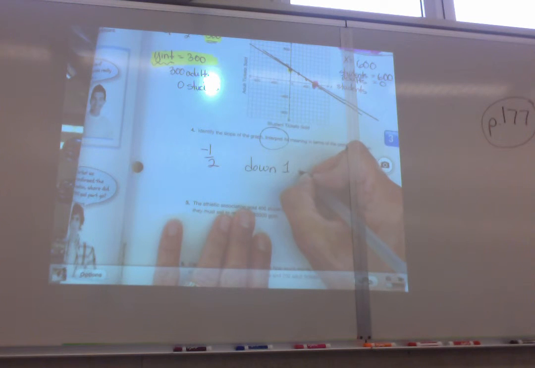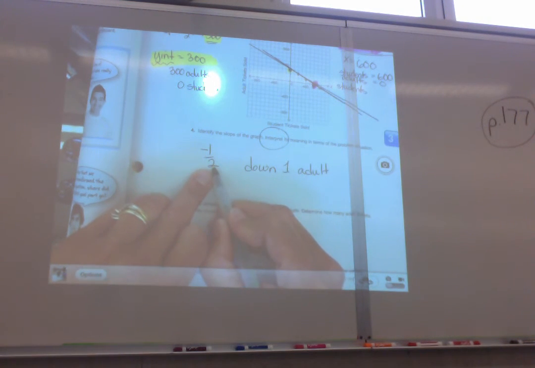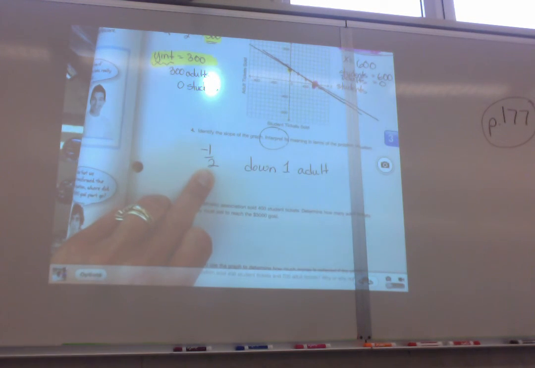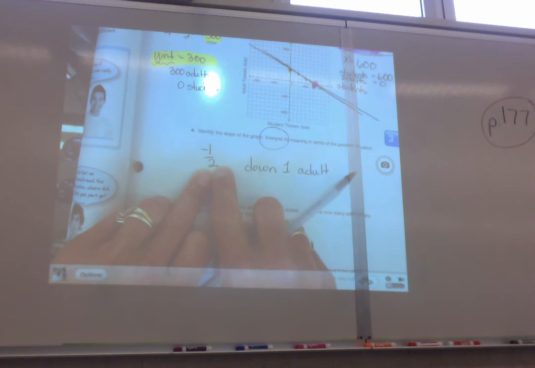Jeremy, go ahead and move right now. Come right here, please. Down 1 adult. What does the over 2 mean? To the right. Is the right an addition or subtract? Okay. Down 1 is minus 1 adult, or minus 1 box of adults. Down 1 adult. What does the over 2 mean?